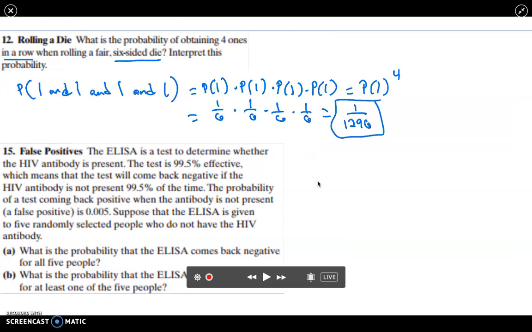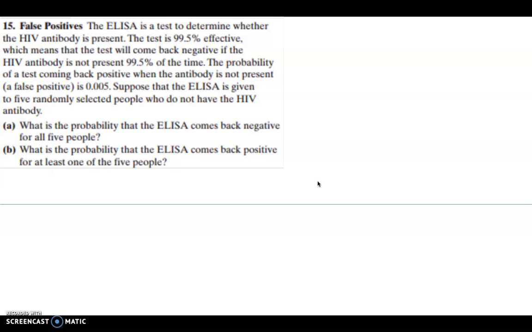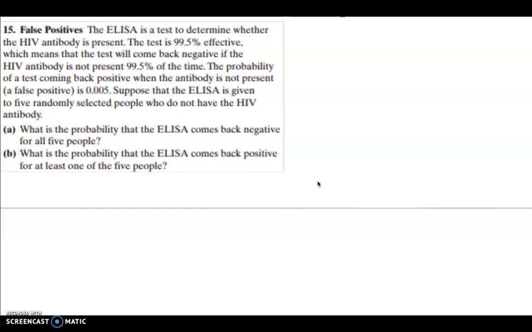Next, we're going to look at false positives. The ELISA is a test to determine whether the HIV antibody is present. The test is 99.5% effective, which means the test will come back negative if the HIV antibody is not present 99.5% of the time.